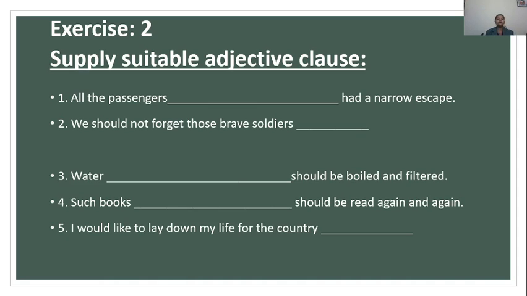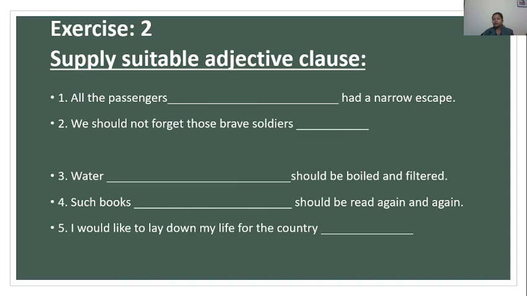Now let's come to exercise 2, children. Here, supply a suitable adjective clause. The blanks have been left and we have to fill them with adjective clauses. It means that the first word will be any relative pronoun or relative adverb. The first condition we have to take care of is that we will use it according to the noun it is going to qualify.